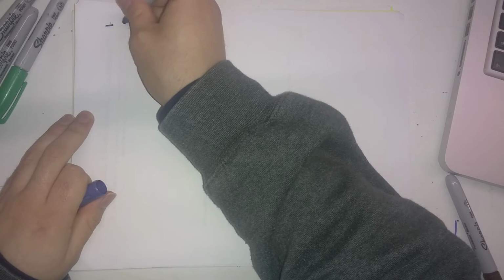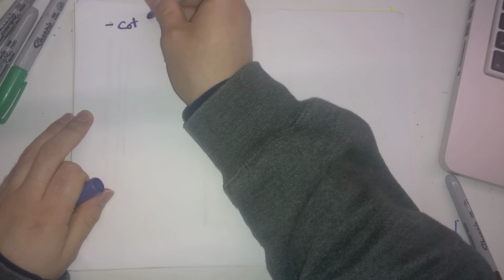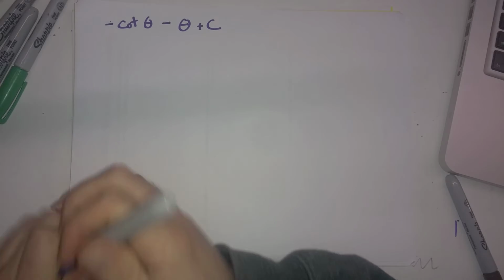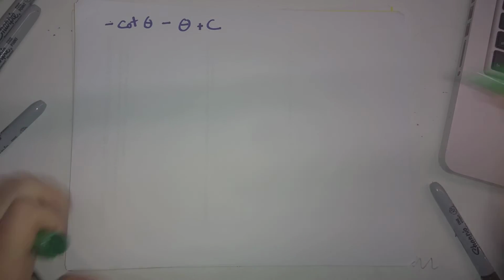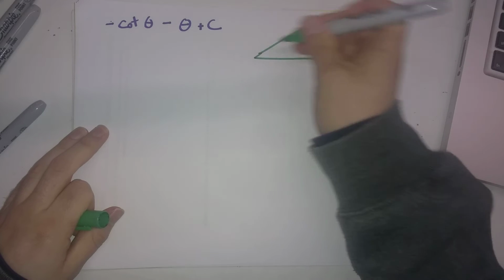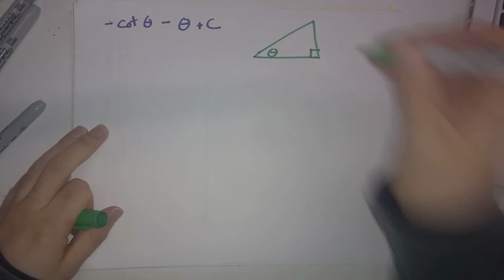So to do this, let me go to a new slide. We currently have negative cotangent theta minus theta plus c. And now I want to draw a triangle here. Here is theta.